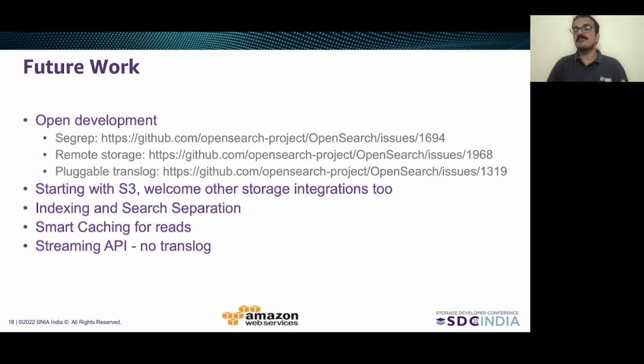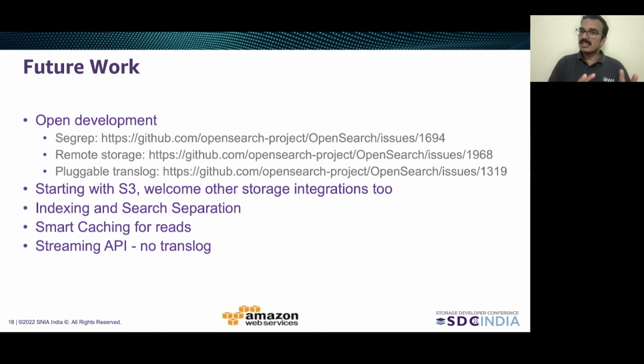And if there is a failure, the last commit points will be exposed, and the client should be able to redrive from that point rather than relying on the OpenSearch cluster. We are starting with S3 as the remote store as the first deliverable. We welcome the community to contribute and integrate other storage solutions into these plugins.